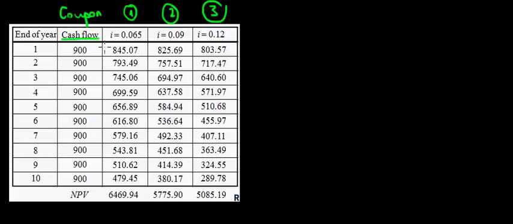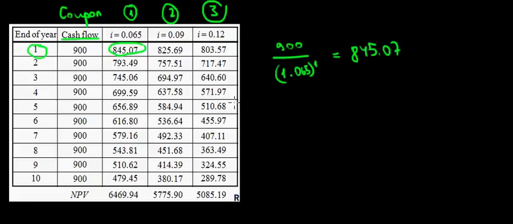So what is 845.07? That's just 900, the coupon, divided by 1.065 to the power of 1, because we discount it for 1 year only, since we're looking at year 1. And that's equal to 845.07. Let's take another value just to prove the logic.